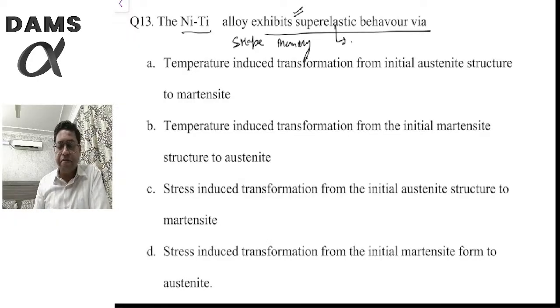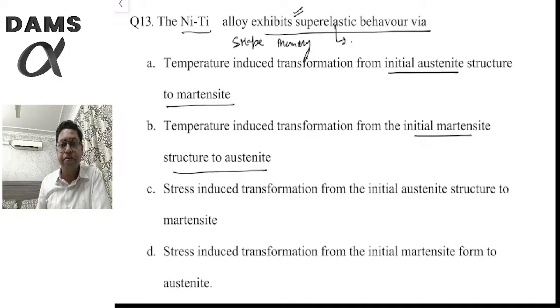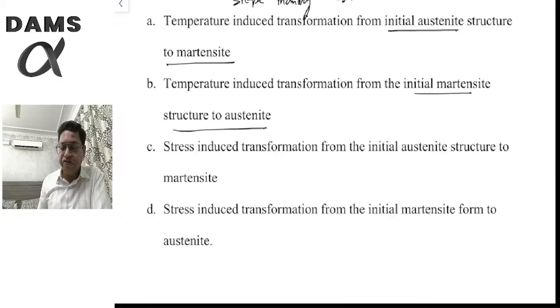Options: temperature-induced transformation from initial austenite structure to martensite; temperature-induced transformation from initial martensite structure to austenite; stress-induced transformation from initial austenite to martensite; and stress-induced transformation from initial martensitic form to austenite form.